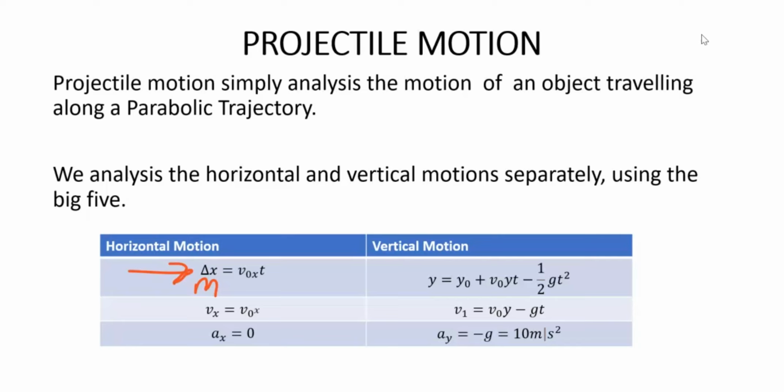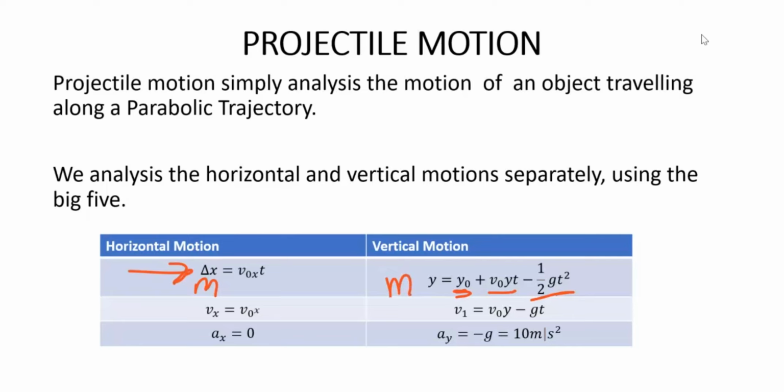The height will be the initial height plus the initial velocity times time minus half gt squared. g is gravity, t is the time. And the value that you get here will also be in meters. The y will also be in meters.